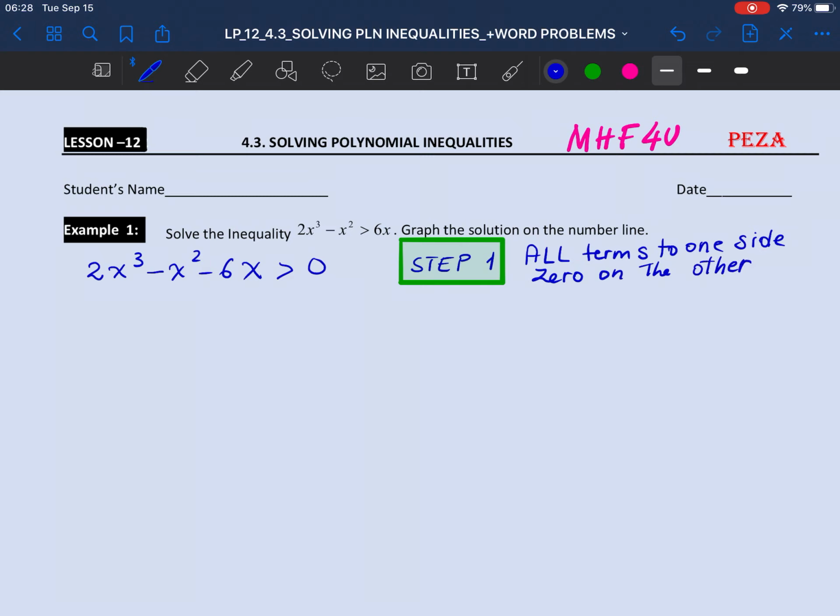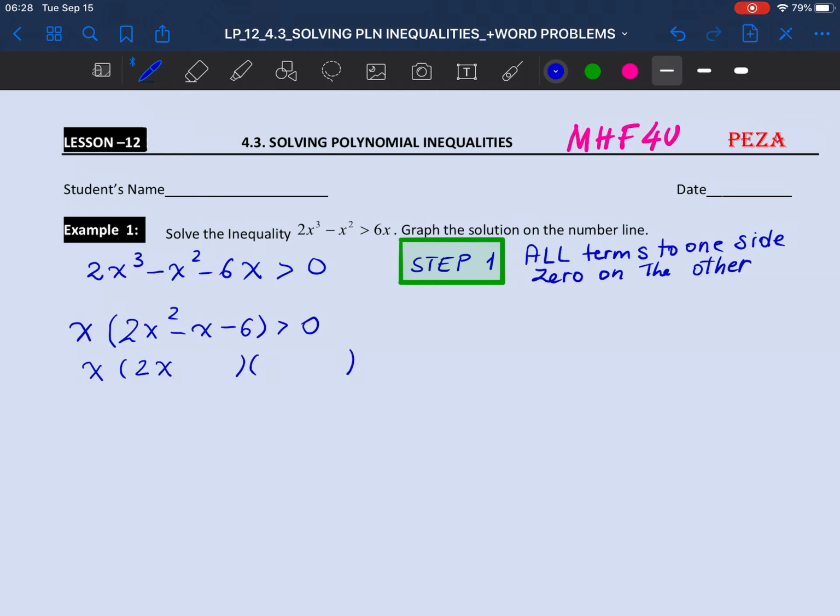Next step, we want to factor the left side. And whenever we factor, we first look for a greatest common factor. So first, x is a common factor, as you notice, because every single term has a variable x, and then we have 2x squared minus x minus 6, bigger than 0. Yes, it is factored, but not completely. We need to factor completely.